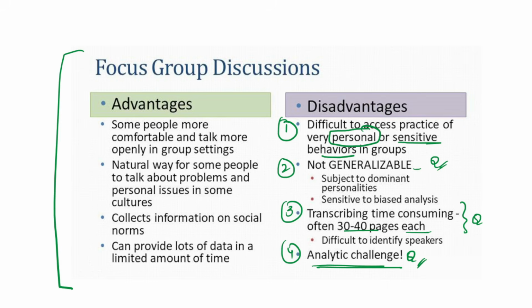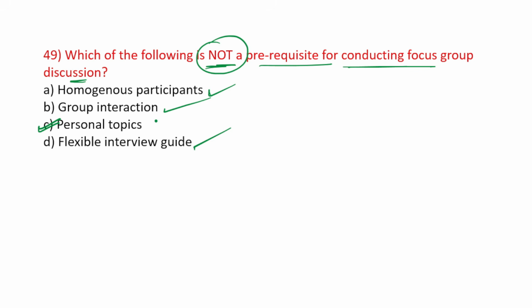As far as our question is concerned, I repeat again that personal topics is not a prerequisite for conducting a focus group discussion. In the first option, they have mentioned homogeneous participants, in the sense of similar participants. If you go through the literature of focus group discussions, they have used the word similar participants. So similar participants are also called homogeneous participants.